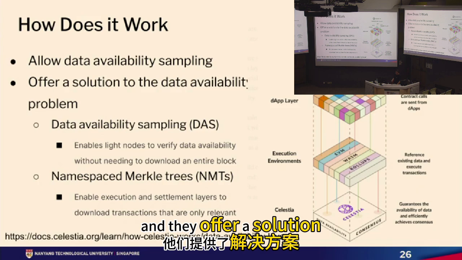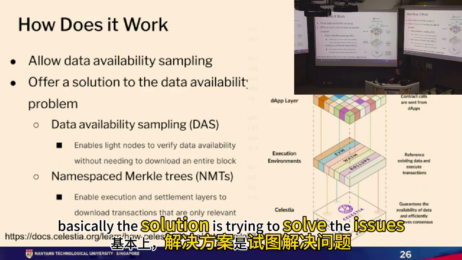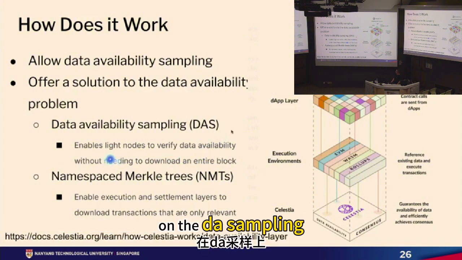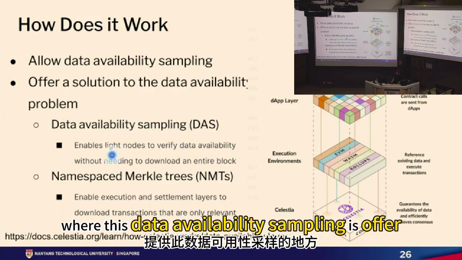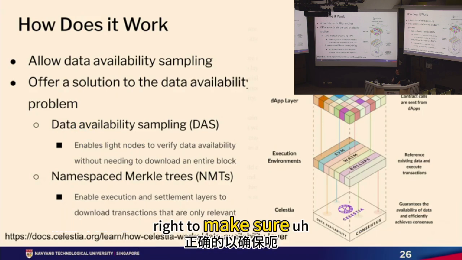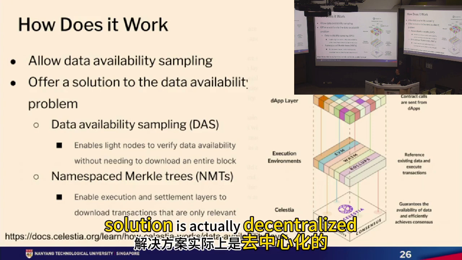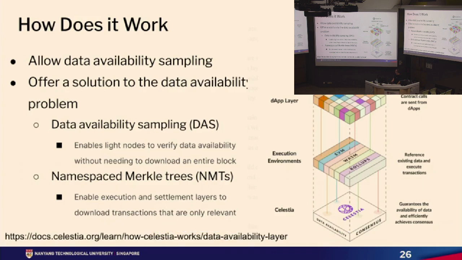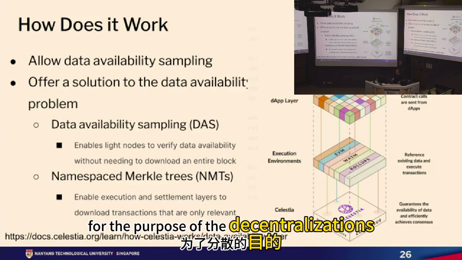They offer a solution to solve these issues. With data availability sampling, a light node can verify the data availability, and the DA solution is decentralized. They also don't need to download the whole entire block, for the purpose of decentralization.